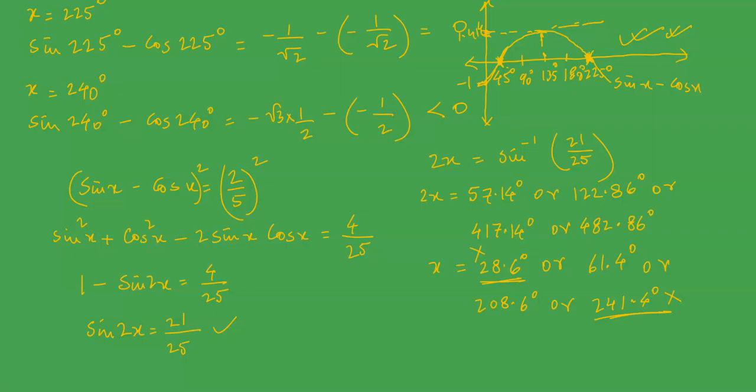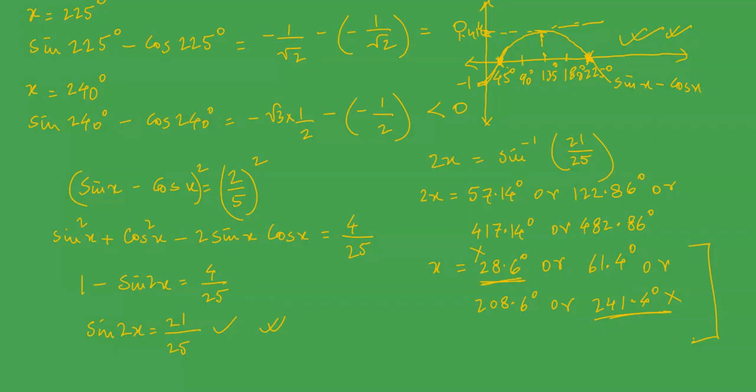Solving the trigonometric equation this way, you come to all the 4 values, but if you give all the 4 values as your answer, you will be wrong.